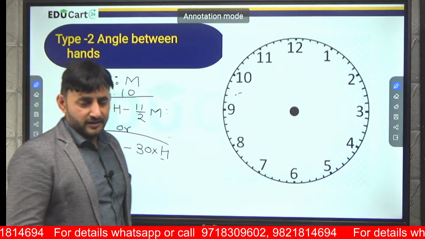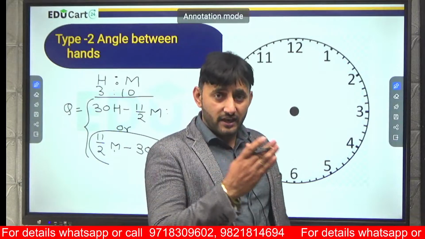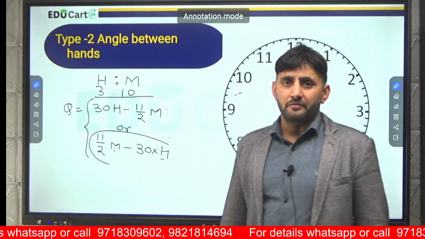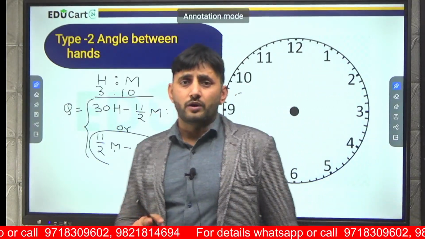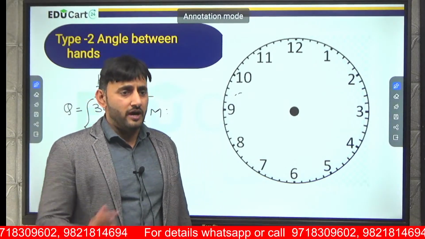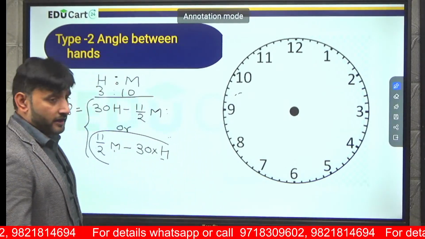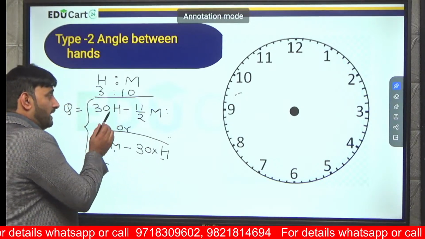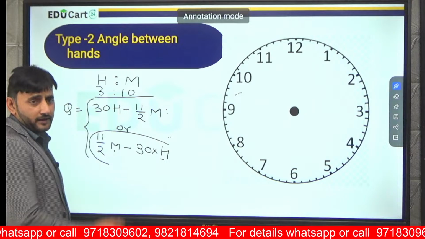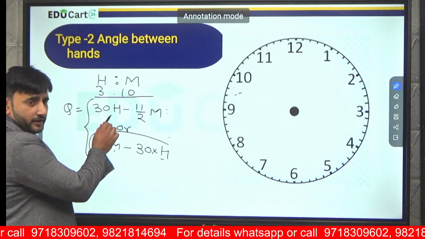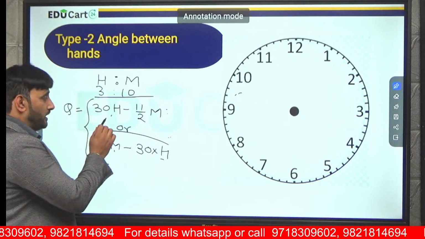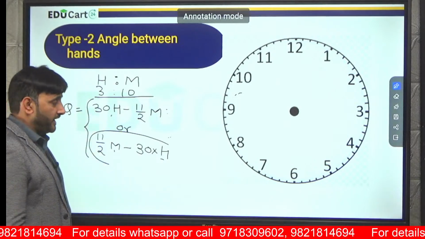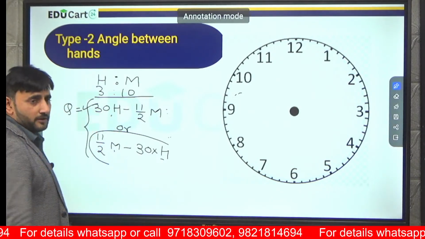At 3:10 the hour hand will be slightly ahead of 3 and the minute hand will be at 2. The minute hand is at 2, the hour hand has crossed 3, so the hour hand is ahead. So if the hour hand is ahead, you use the formula in which the hour hand is ahead. At 3:10 the hour hand is ahead of the minute hand, so you use this formula.